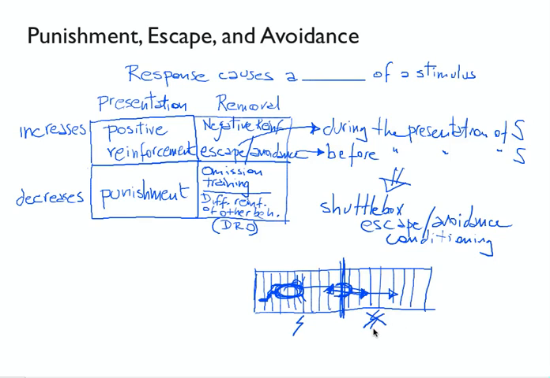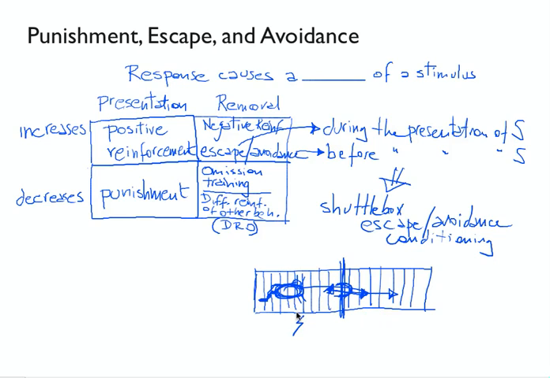And then once here you present foot shock and the animal moves back. We'll just demonstrate escape behavior. Escaping, because by moving to the opposite side of the chamber, it is canceling its contact with the foot shock stimulus. Right?